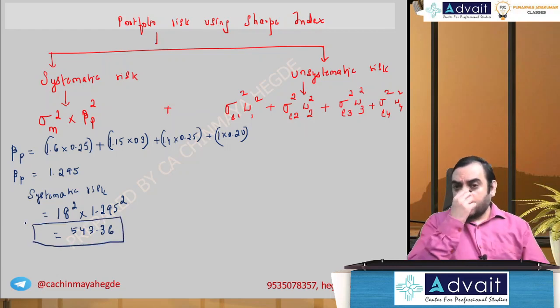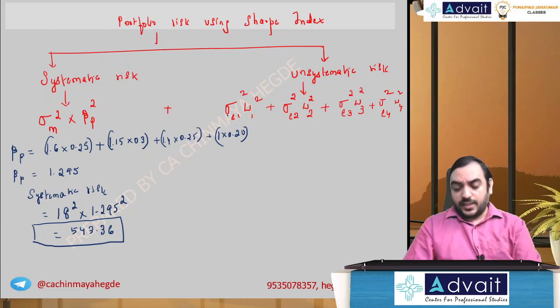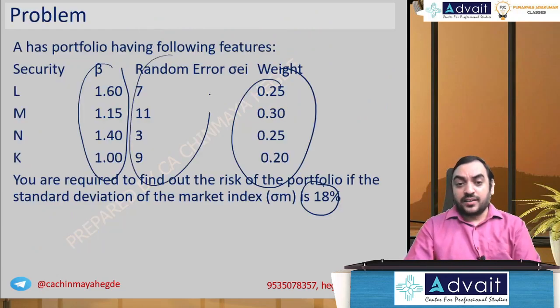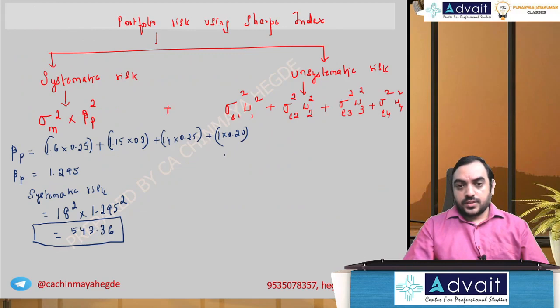We need to calculate now unsystematic risk. So let me continue this process. This sigma E is nothing but the errors. You see, random errors, nothing but unsystematic risk of the securities. So 7, 11, 3, 9.